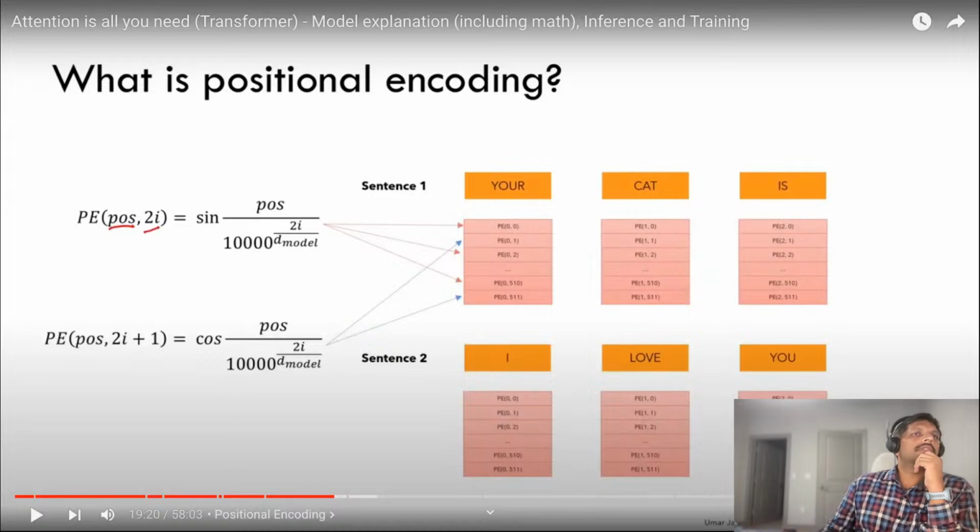Okay, let's start by looking at sine. Equal to 10,000.